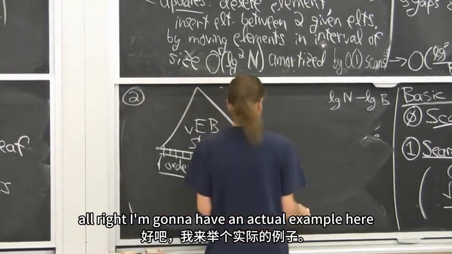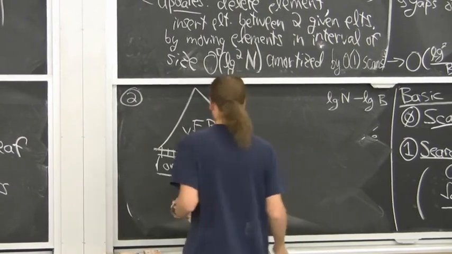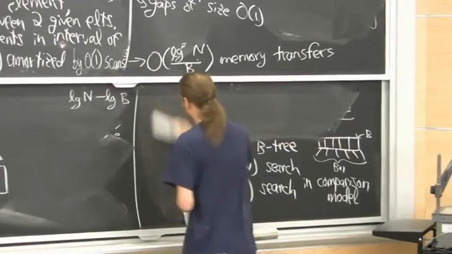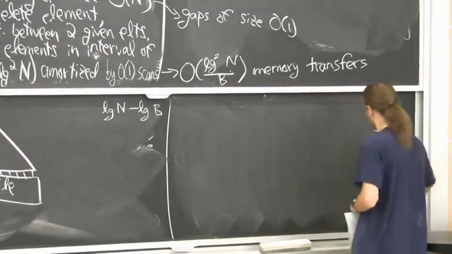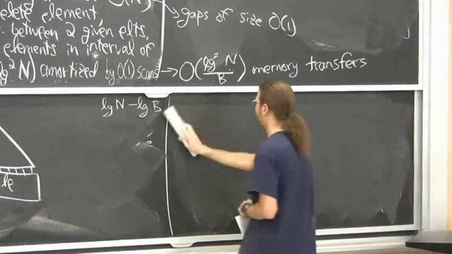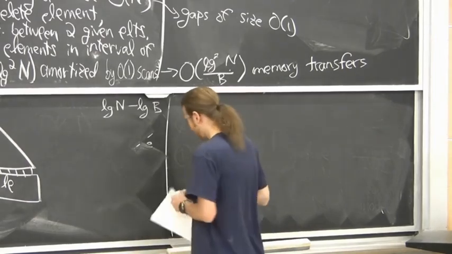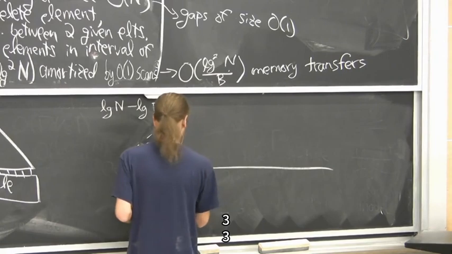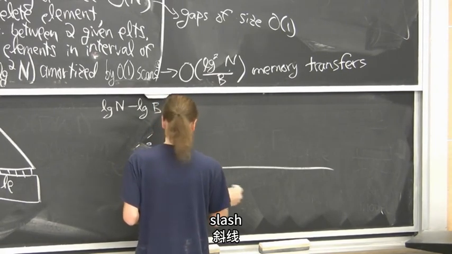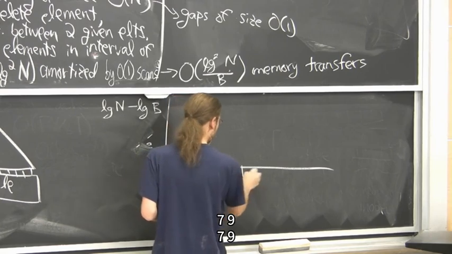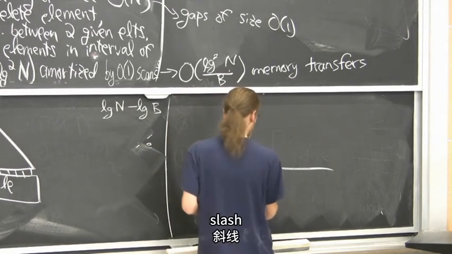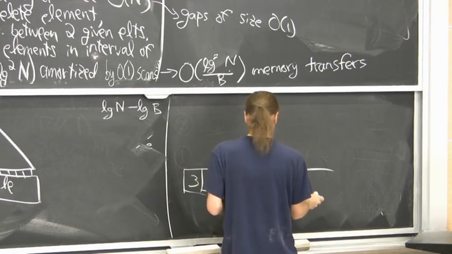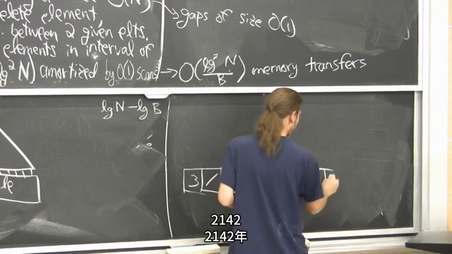All right, I have an actual example here. Let's do it. 3, 7, 9, 16, 21, 42.